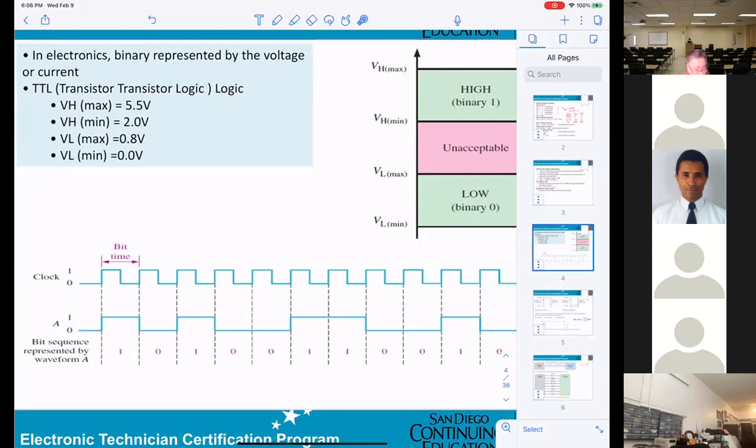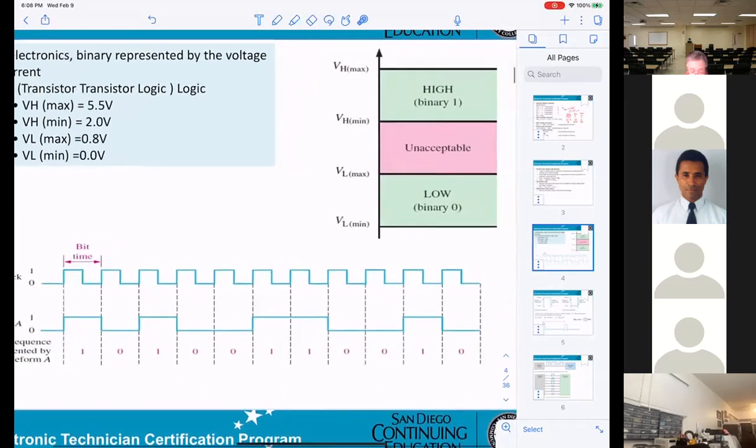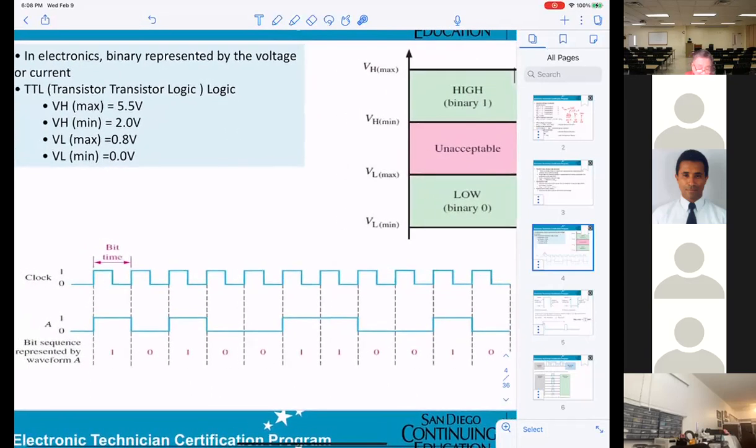TTL stands for transistor-transistor logic. They define any voltage greater than 2 volts, up to 5.5 volts, as a logic 1.